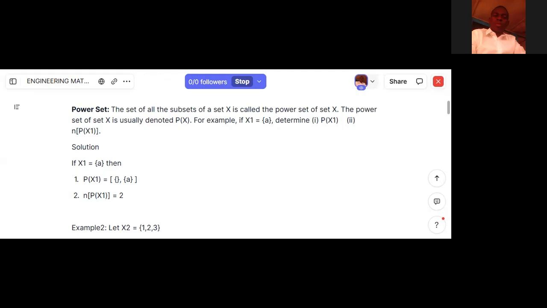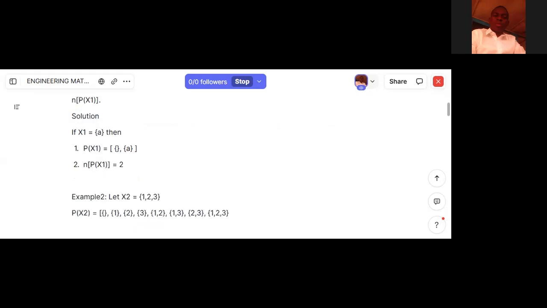Now, this simply tells us the number of subsets that can be found in set X1. Now we have the null set and the set containing element A.